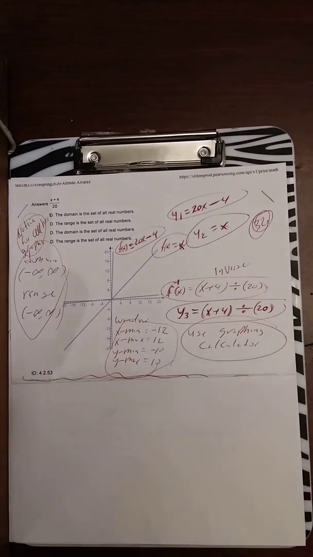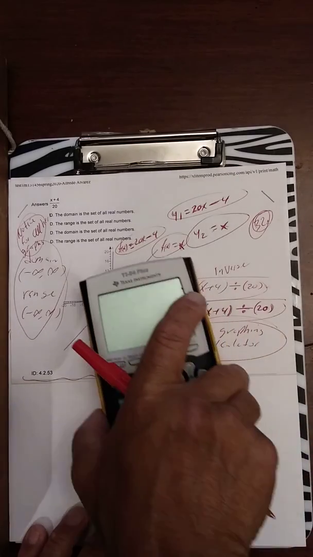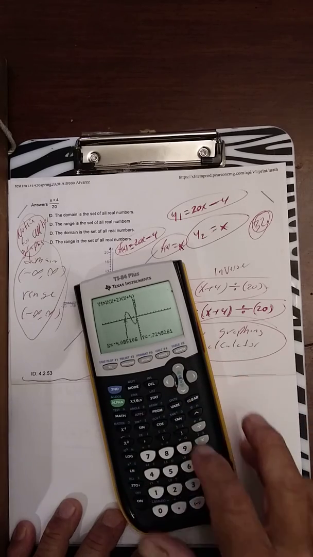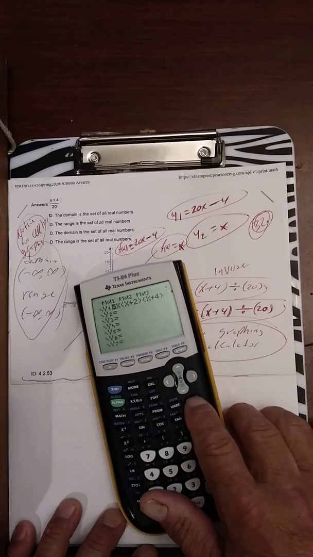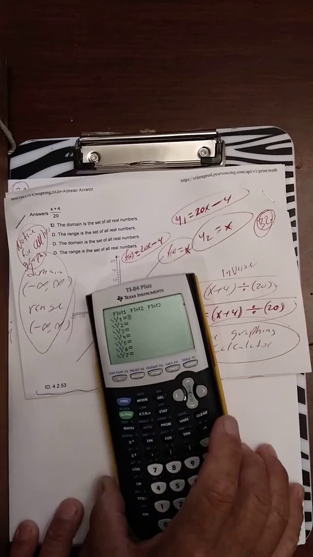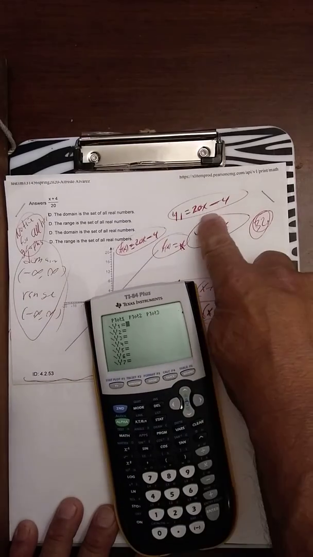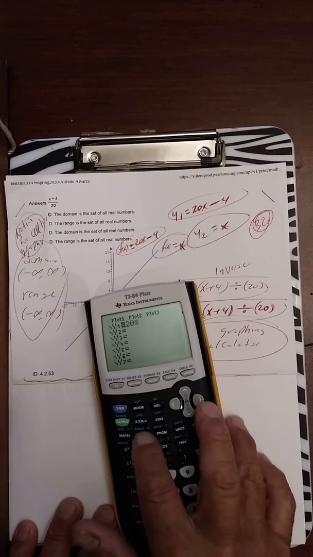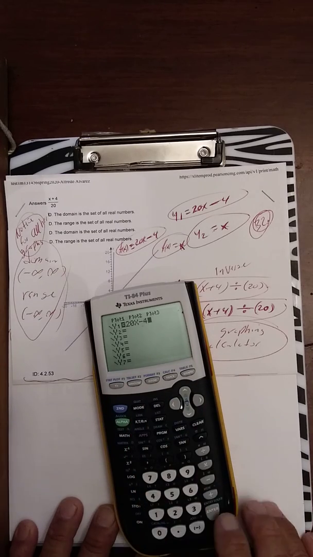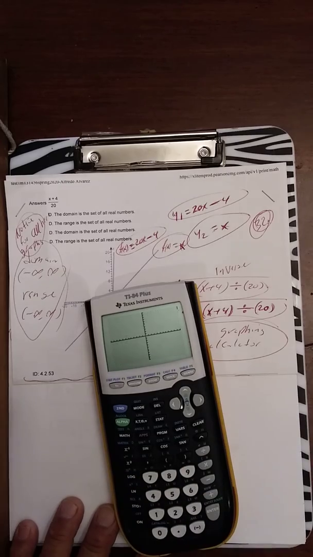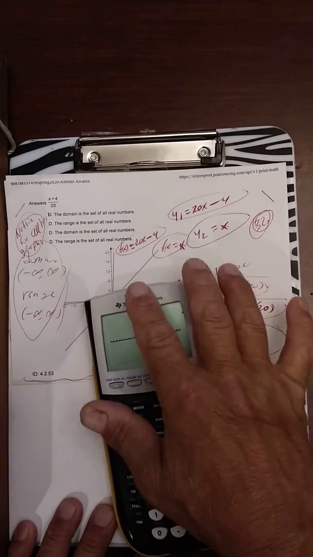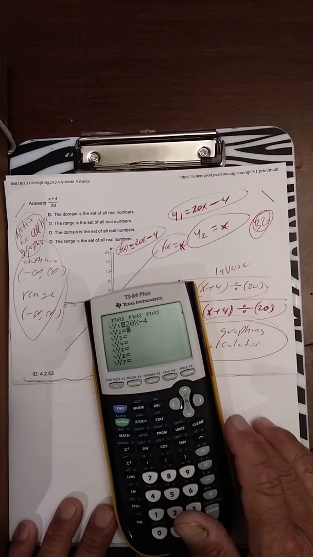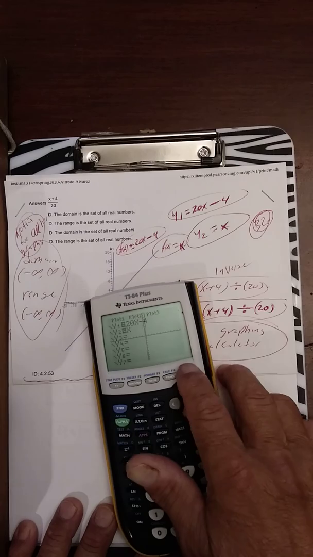On the next page, let's go ahead and graph all this stuff out on our machine. Let's clear the old stuff here. So now we have 20x minus 4. So y equals 20x minus 4, and hit graph. And there's the graph. Kind of hard to see, but there it is. y2 is going to be x, and hit graph again.